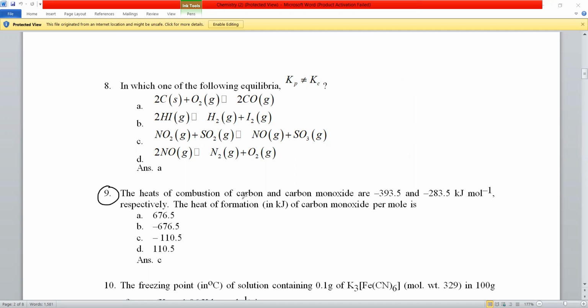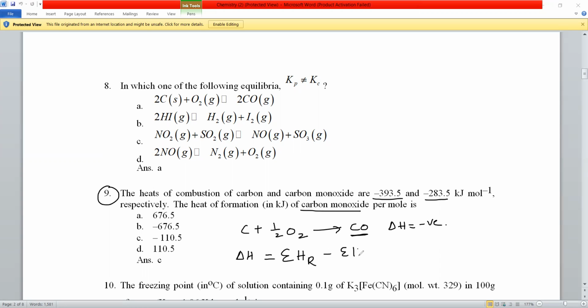Question number 9. The heats of combustion of carbon and carbon monoxide are given as minus 393.5 and minus 283.5 kilojoules. They are asking for the heat of formation of carbon monoxide. Carbon reacting with half a mole of O2 gives carbon dioxide, an exothermic reaction. Delta H is the summation of enthalpies of reactants minus the summation of enthalpies of products.